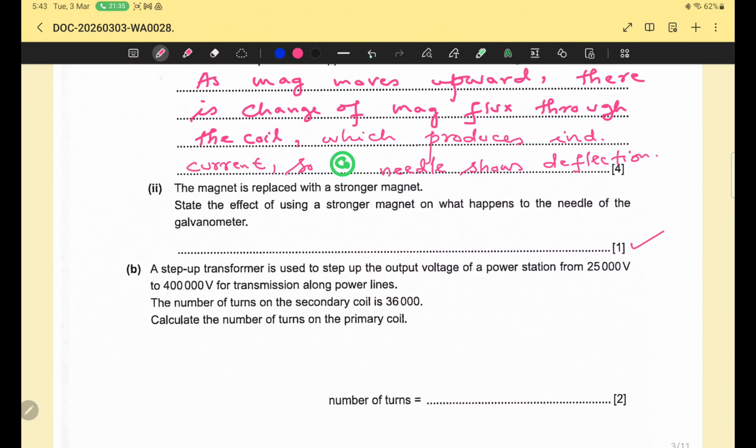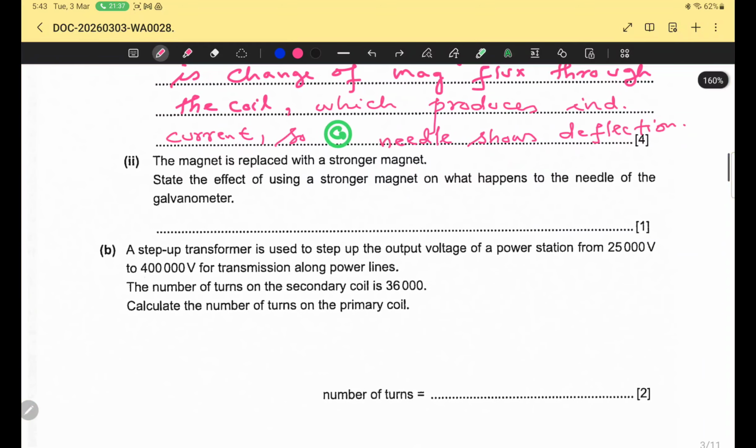And it is a 1 mark question, so we do not need to write an explanation. Just give the result.